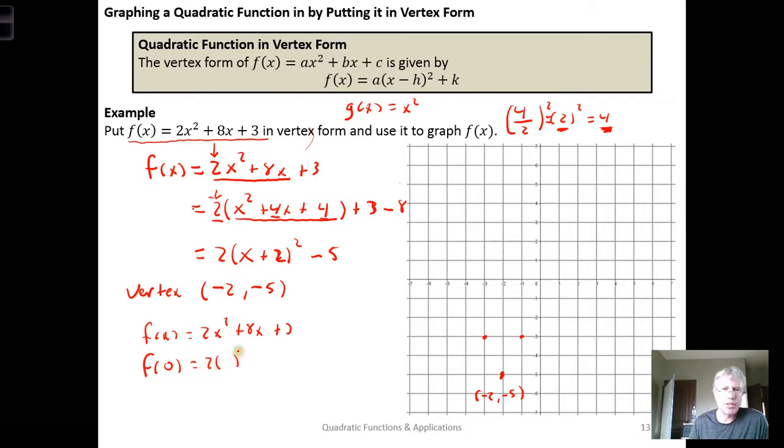So if we plug in 0, everywhere we see an x, this is just going to simplify to 0 plus 3, which equals 3. In fact, we can always just grab the constant term and say, hey, that's going to be the location of the vertical intercept. So we have a vertical intercept at input 0, output 3.